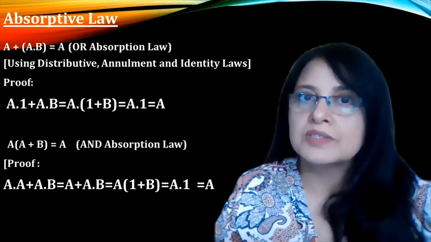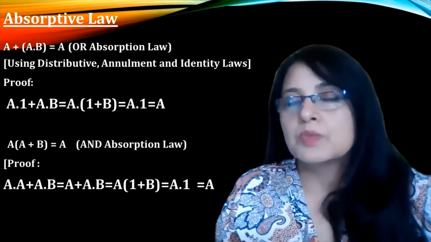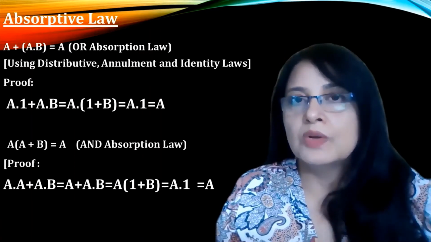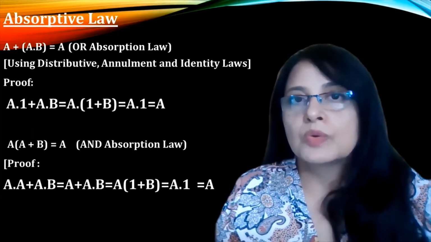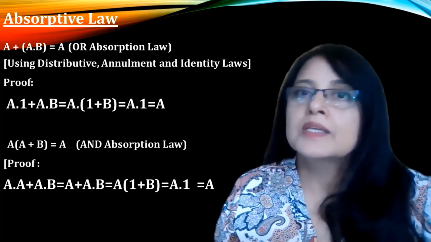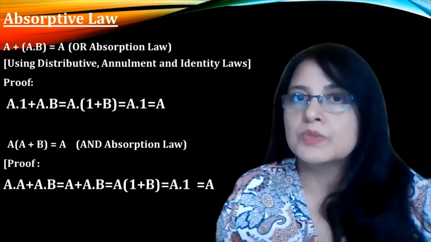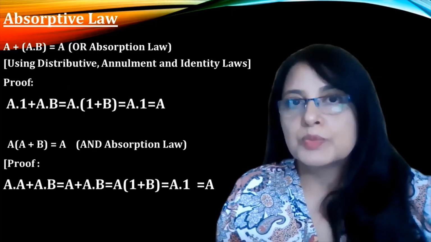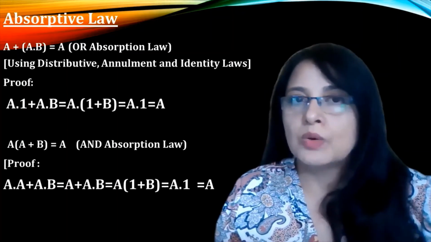Here we are using the distributive law, and then we check that 1 + B is also in our earlier laws. It gave us the output as 1. So A.1 gave the output as A.